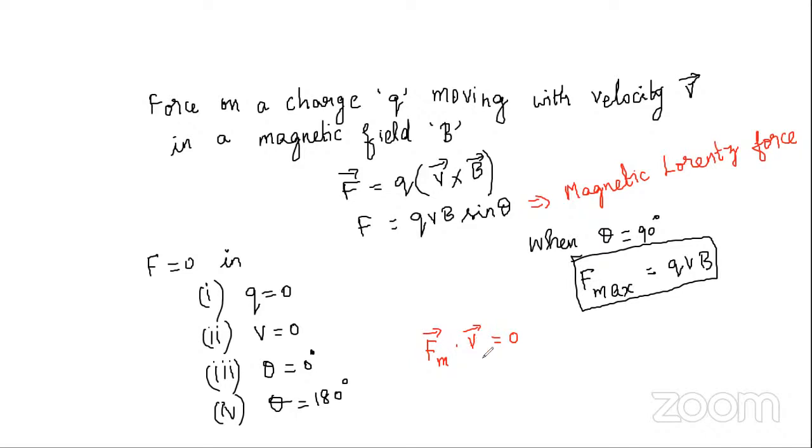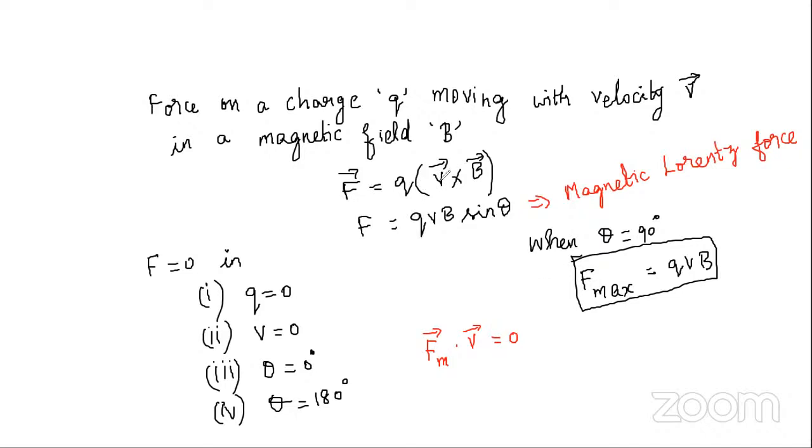Why is it so? Because this force is perpendicular to both V and B. When you have a cross product between two vectors, the resulting vector is perpendicular to both vectors. This is a general concept in mathematics.